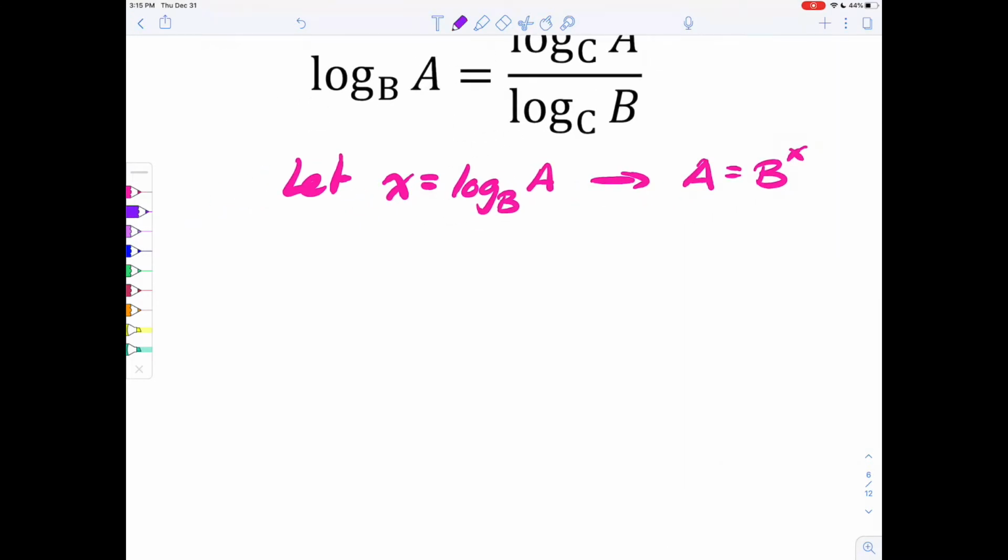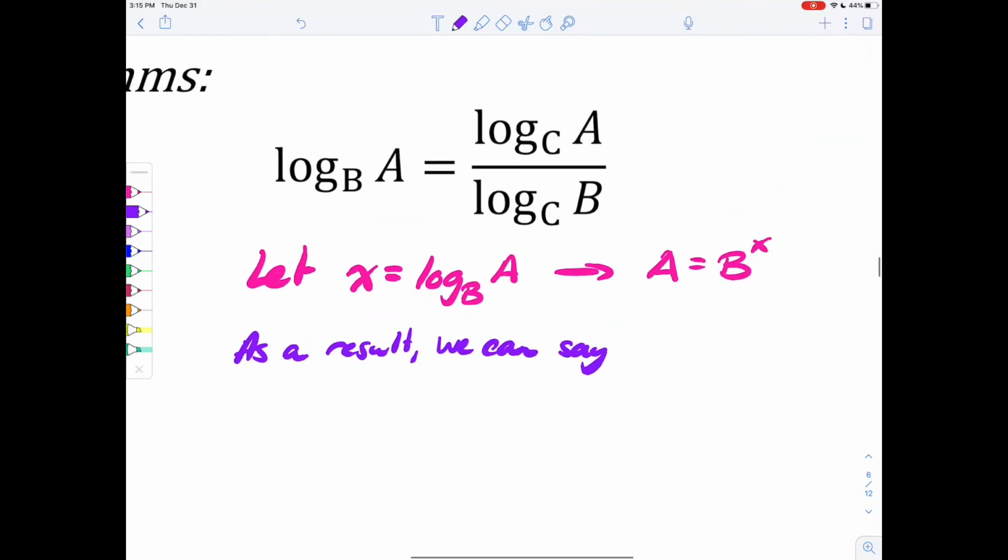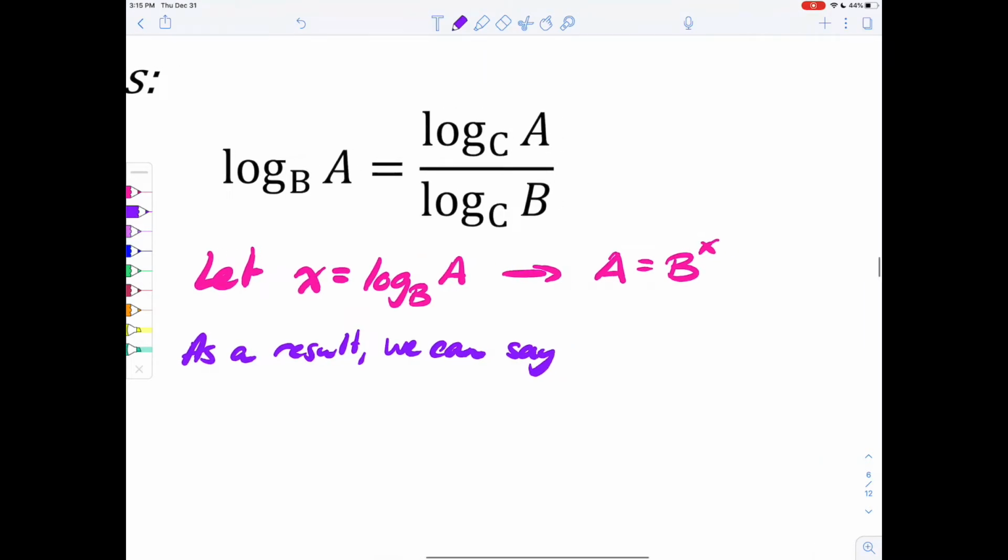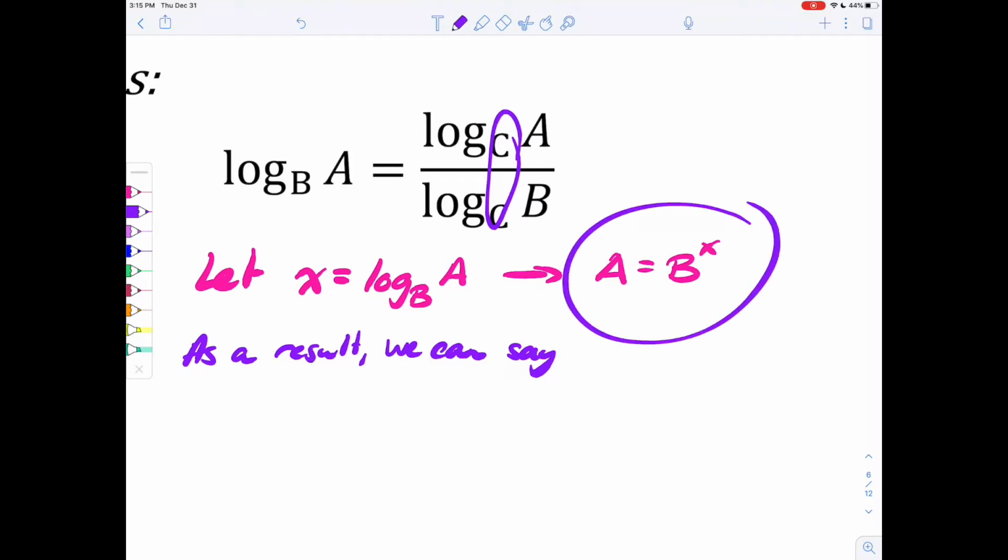As a result, here's what we want in the end. We want a statement that involves log base c of both a and b. So we need to involve log base c here.